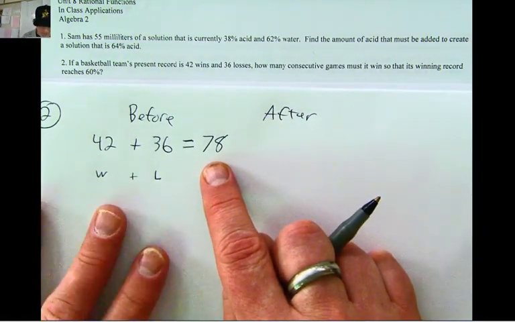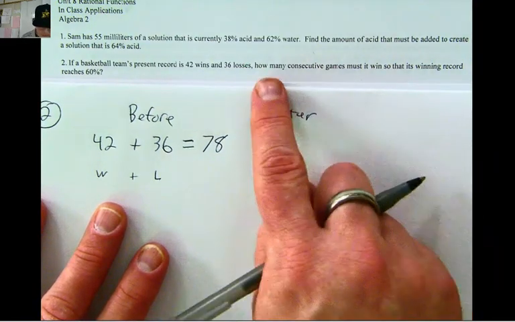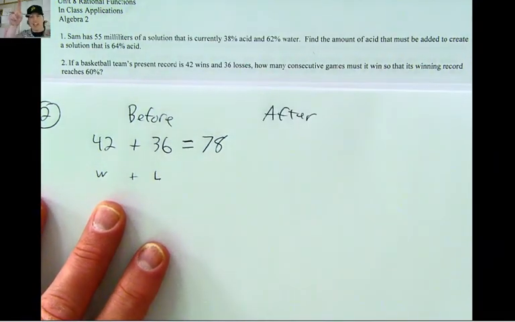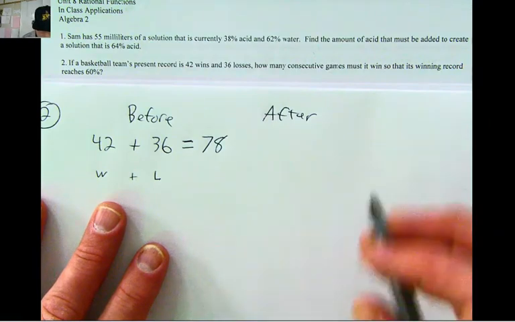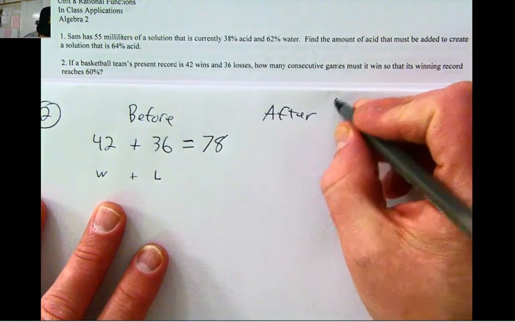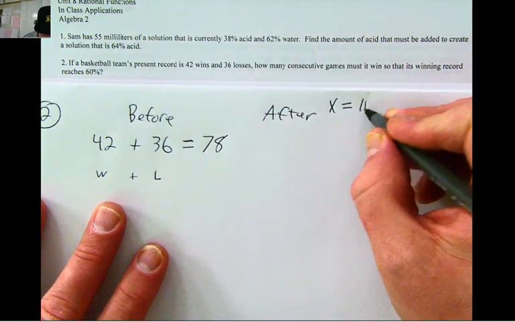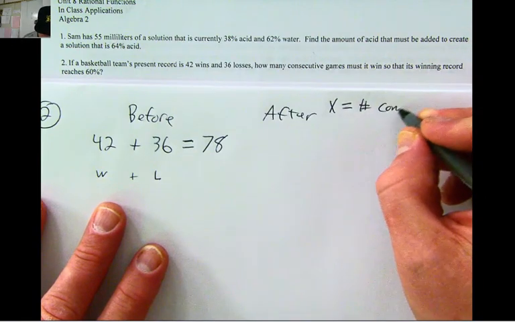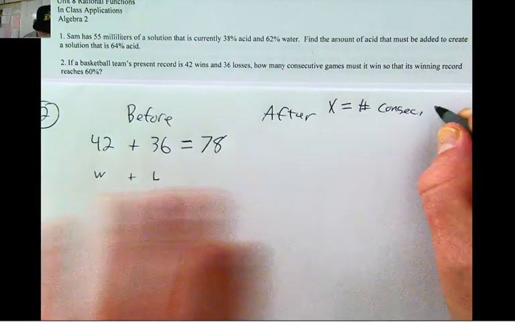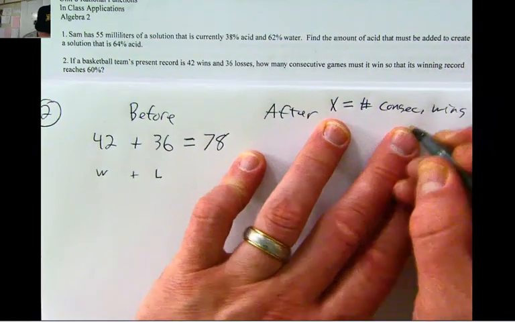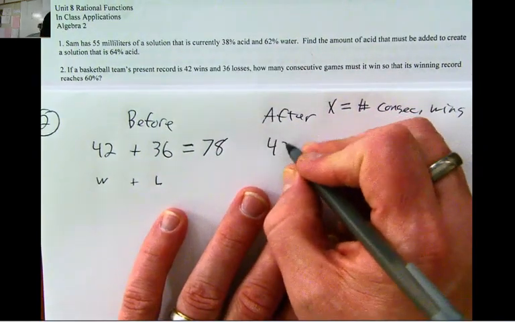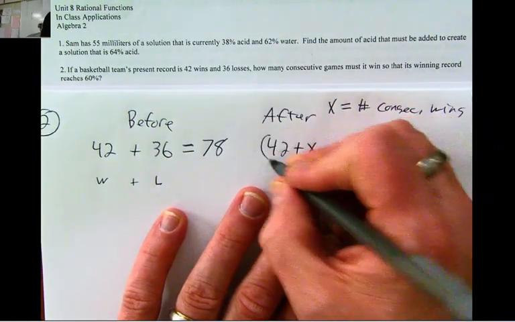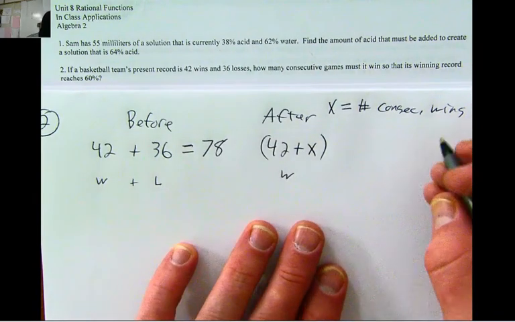Okay, well then afterwards, you're going to go on a winning streak. Yeah, winning, but we don't know how many wins you're going to have. So we're going to have X be the number of consecutive wins. And if we keep winning, 42 plus X will be our number of wins then.